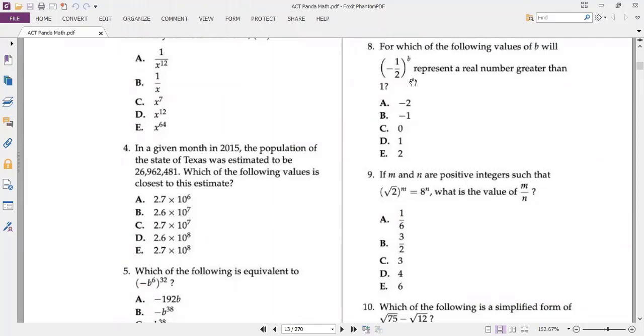Okay. For which of the following values of P will it look like this? You need this value to be bigger than 1. If this is negative, B must be even, first of all. And it is an even number, so it should be a negative even.